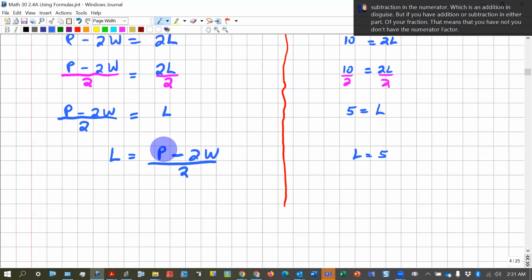If it's prime factored, it would be something times something times something times something, however many factors it has. This isn't that. It's one thing, P minus something. So 2 is not a factor of the numerator.